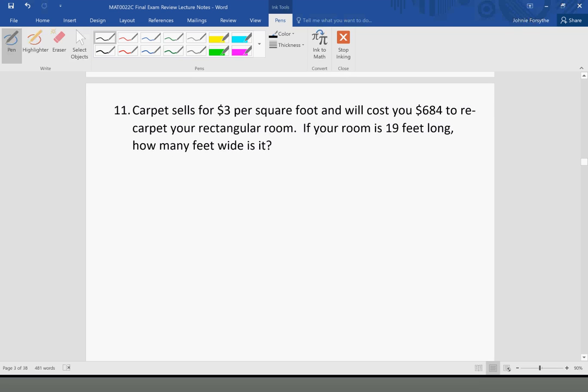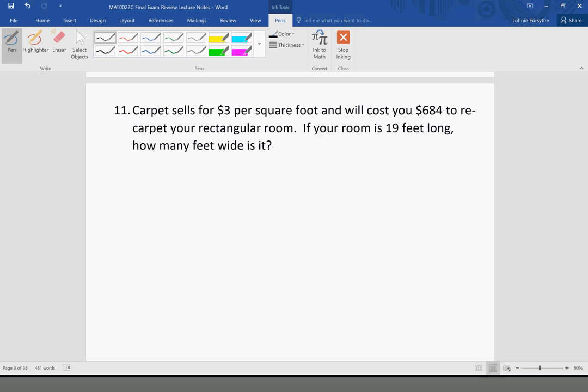Number 11. Carpet sells for $3 per square foot and will cost you $684 to recarpet your rectangular room. If your room is 19 feet long, how many feet wide is it?